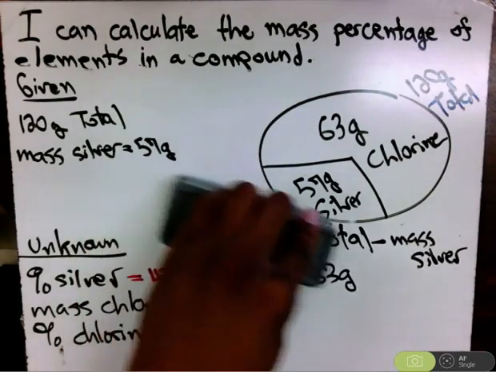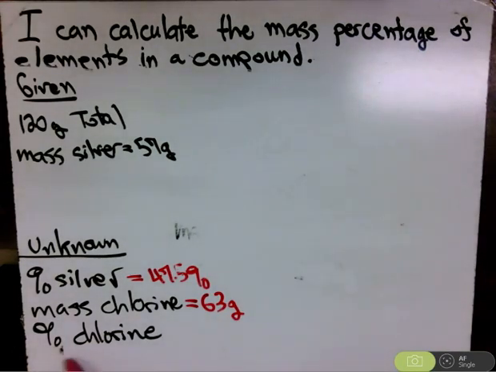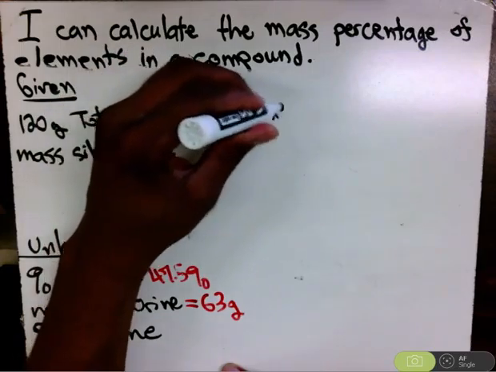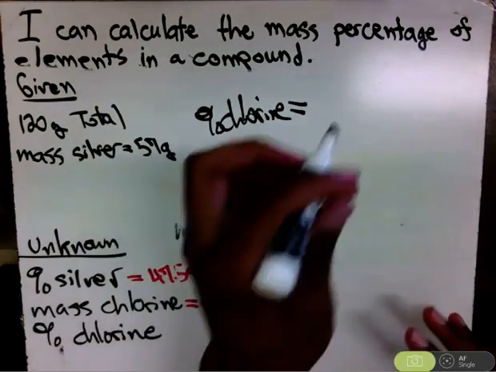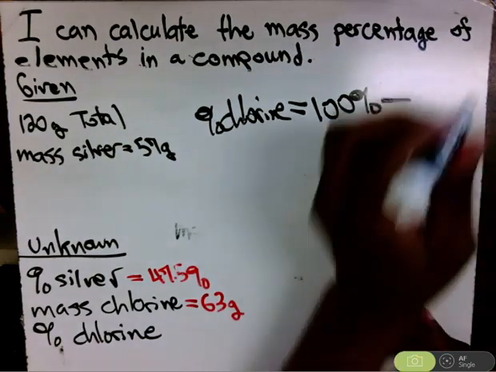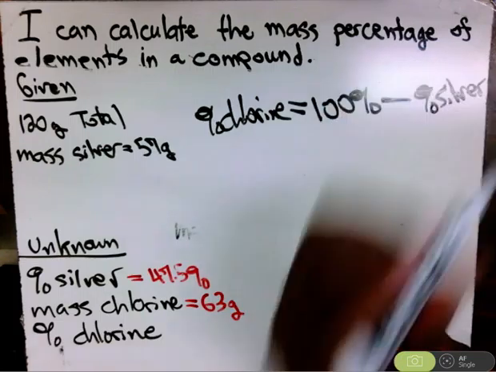And finally, I need to solve for the percent of chlorine. There are two ways that you can find the percent of chlorine. The easiest way is to do percent chlorine equals 100% minus the percent silver. Right?